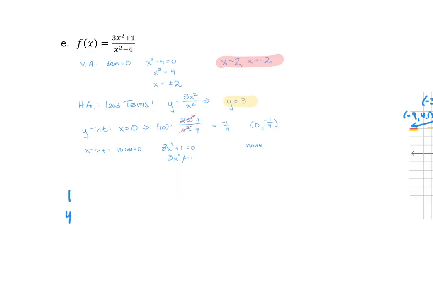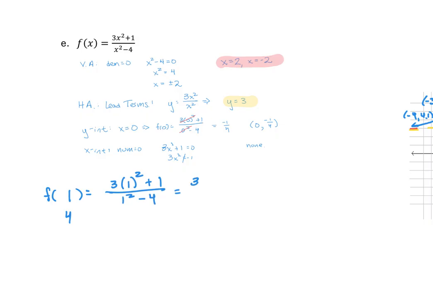Now the first one, if you recognize it, negative 1.333, that should be negative 1 1/3, but we're going to go ahead and solve this anyway. All right, if we plug in 1, we get f of 1 is equal to 3 times 1 squared plus 1 over 1 squared minus 4.